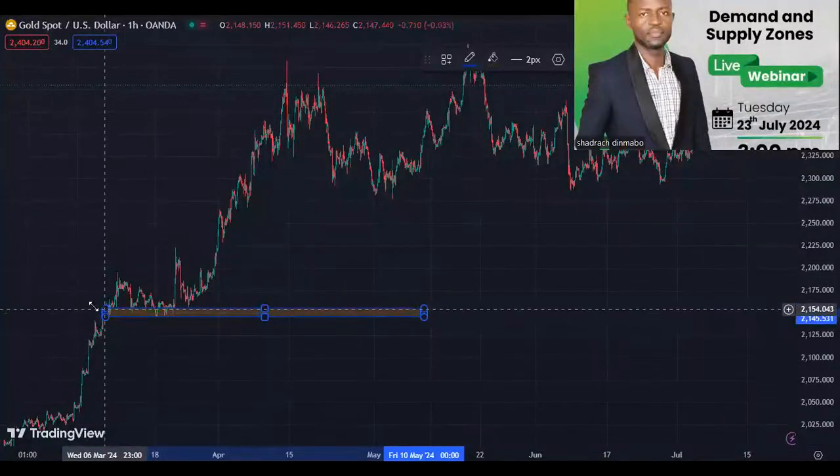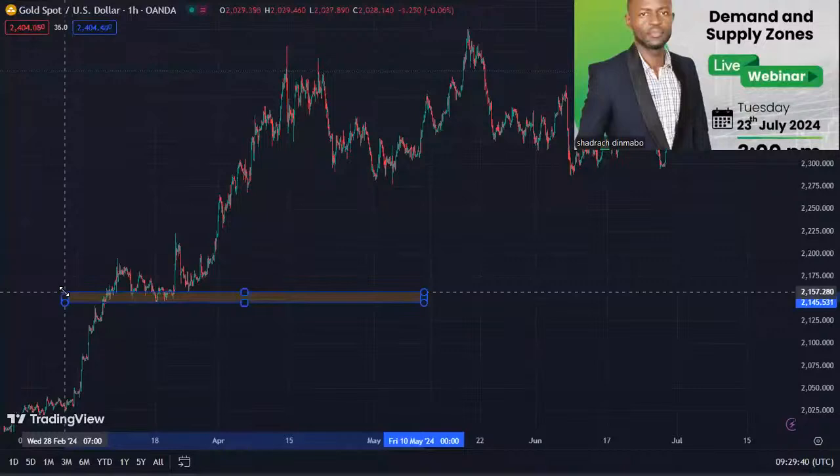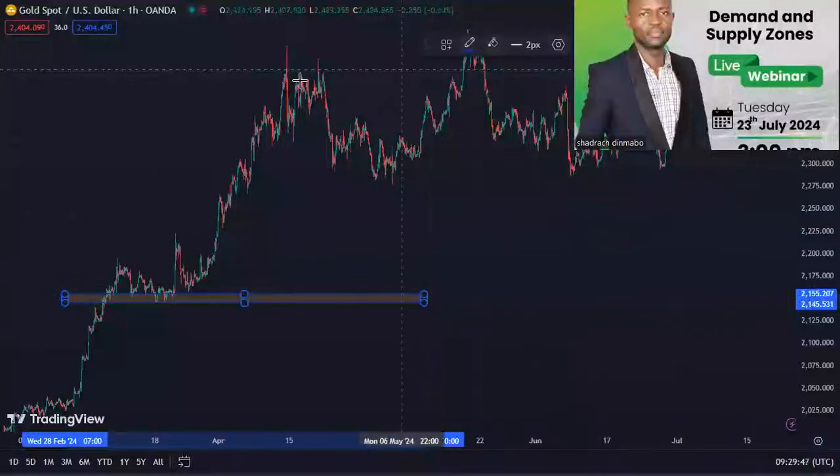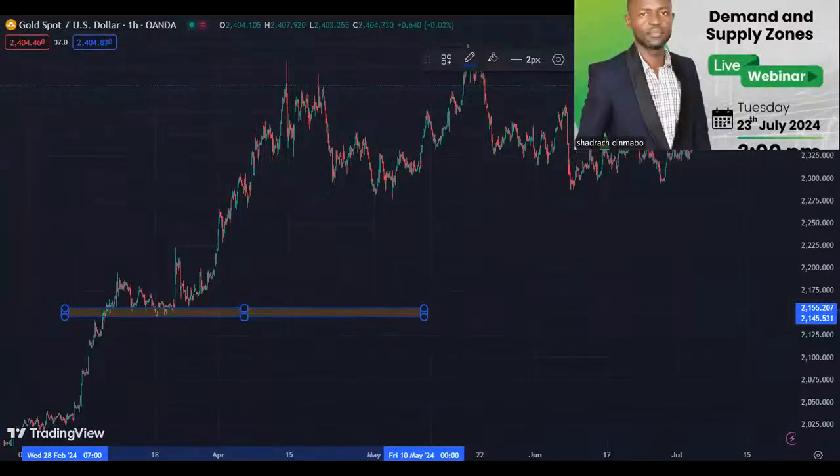The reason we say it's a valid zone is simple: it has not been broken. By that we mean, assuming this market comes down and goes below that level, then we can say this zone is broken. So this zone becomes invalid.